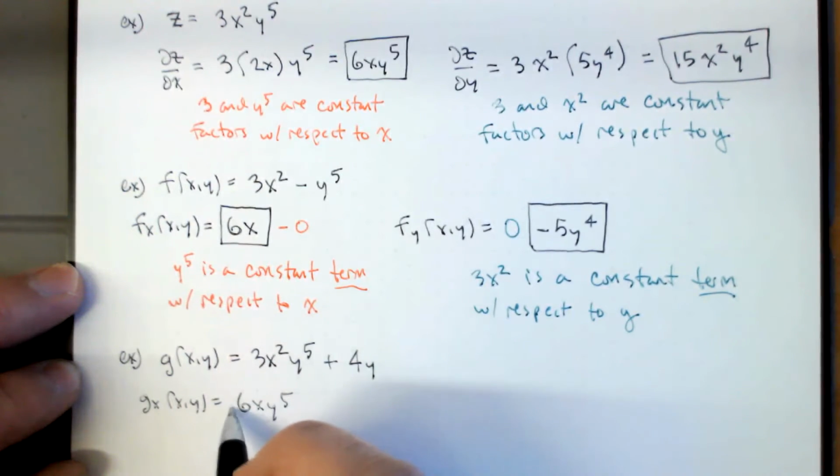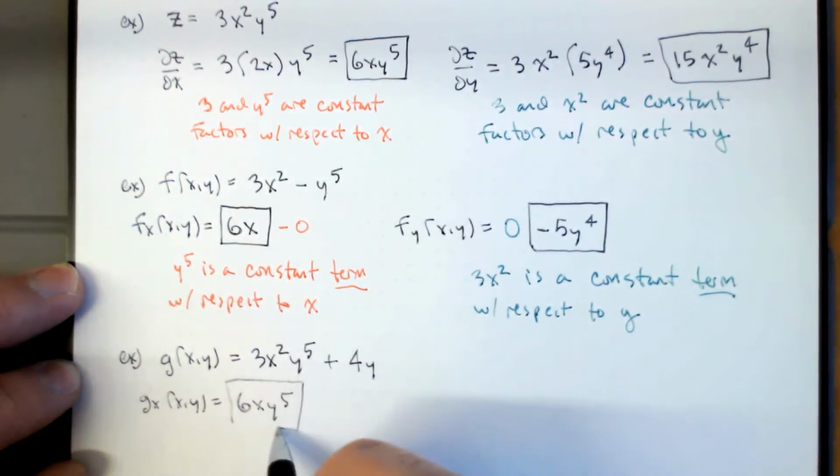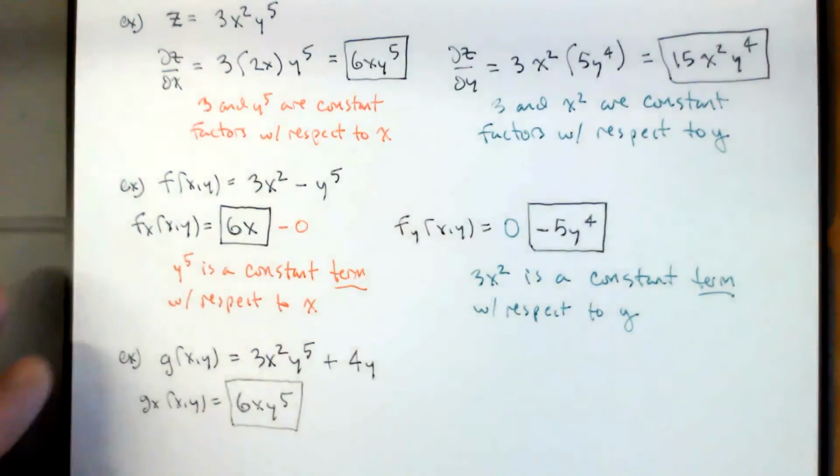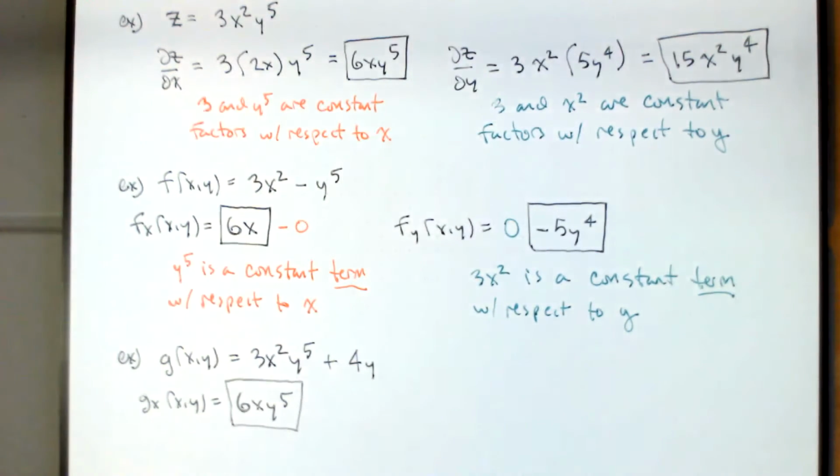And that's it. The 4y is a constant term. With respect to x, y to the fifth is a constant factor, 4y is a constant term.